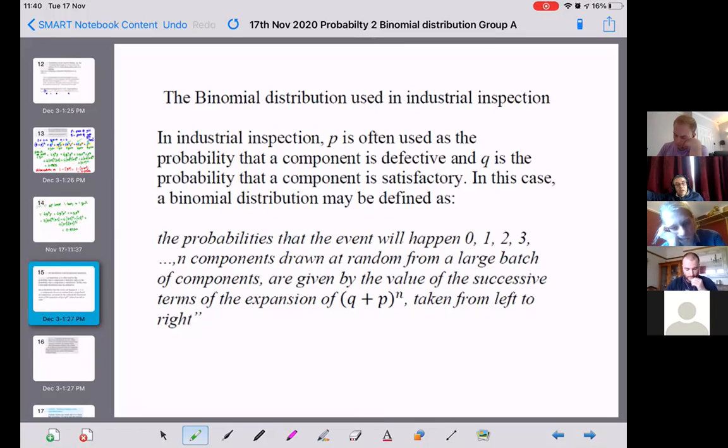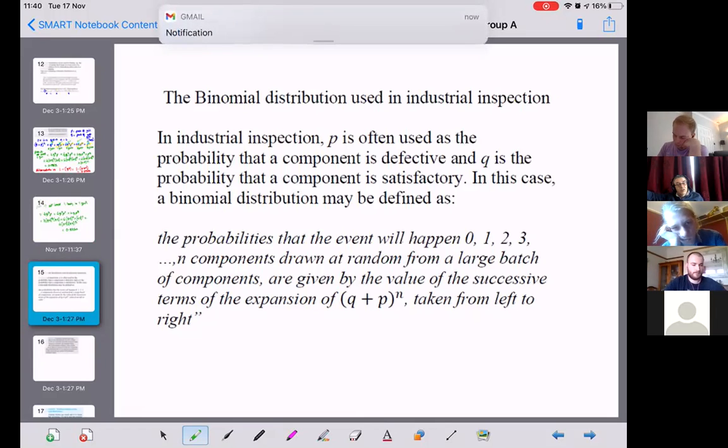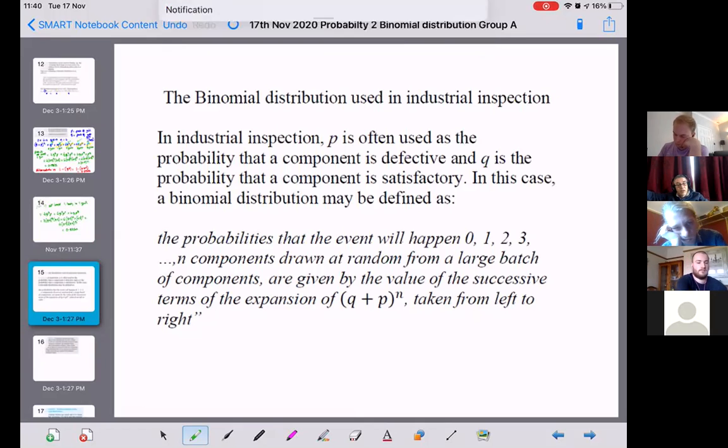In this case, the binomial distribution is defined as the probability that the event will happen 0, 1, 2, 3 up to n times in n components drawn at random from a large batch of components, as given by the value of the successive terms in the expansion of (Q plus P) to the n from left to right.